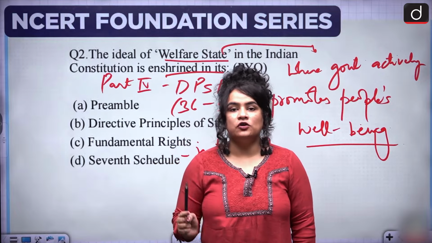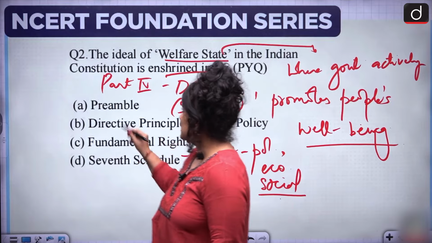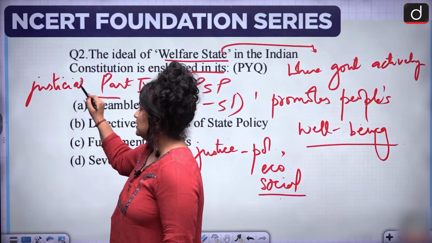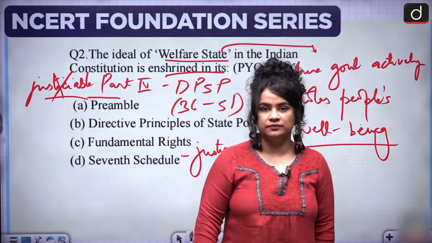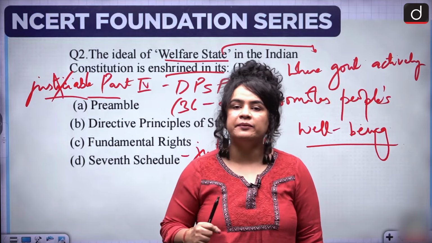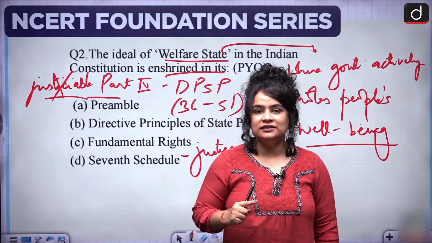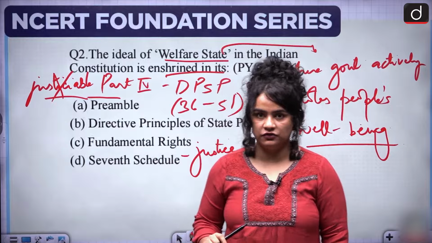However, they are not justiciable. DPSPs are not justiciable, which means they cannot be enforced in or by any courts. So you cannot hold the government liable for not implementing DPSPs, but at the same time, they are fundamental to governing the country.